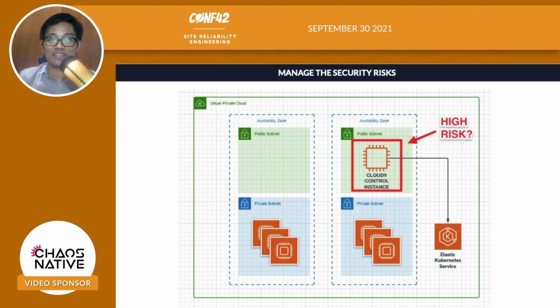Next would be managing the security risk. Kubernetes is like any other tool. If it's not configured properly, then it can be attacked and compromised. There are tools out there which help us identify the risks and vulnerabilities, especially when it comes to misconfigured Kubernetes clusters.